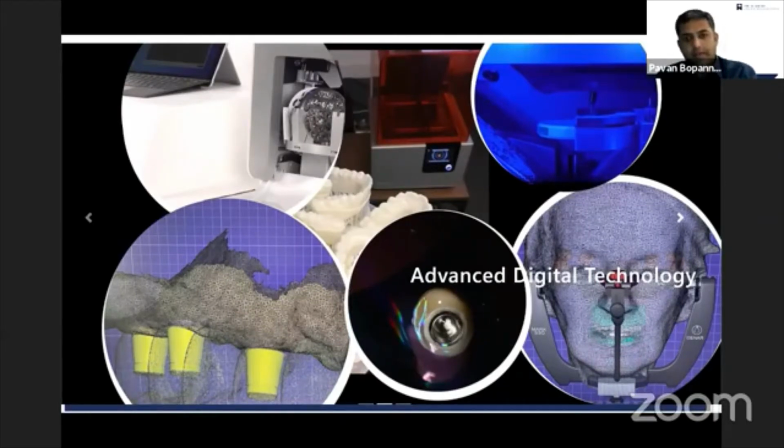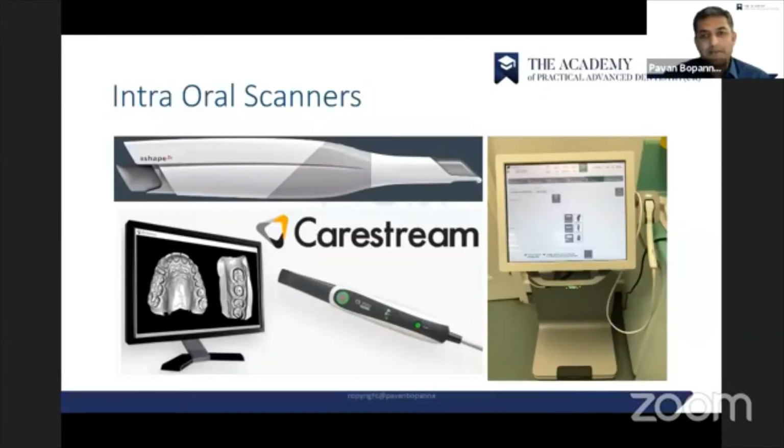So that way we've done about 5,000-6,000 complete treatments, including restorative. I'm not saying just implants, but without printing or gypsum models, you can imagine the much lesser impact we have on Mother Earth. So let's move on to different aspects of digital dentistry.